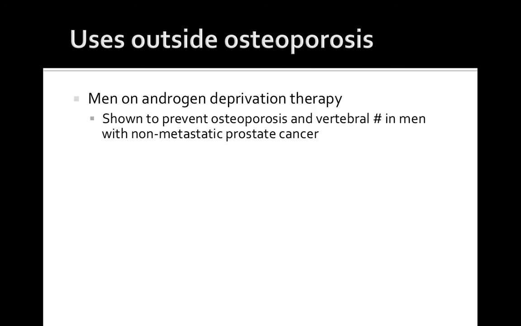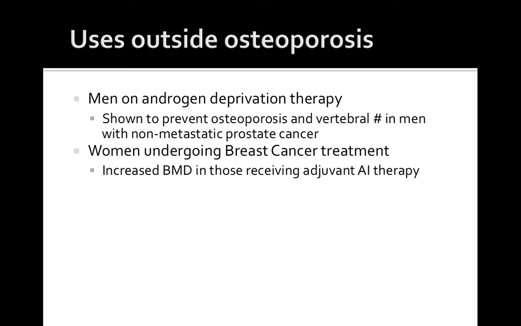Denosumab has some uses outside osteoporosis, which is starting to get a little bit off topic. Men on androgen deprivation therapy for prostate cancer, it's been shown to prevent osteoporosis and vertebral fractures. For women undergoing breast cancer treatment, they love it. It increases bone mineral density in those receiving adjuvant aromatase inhibitor therapy.